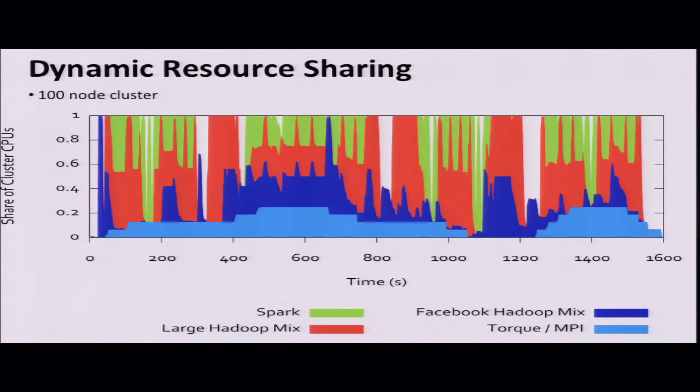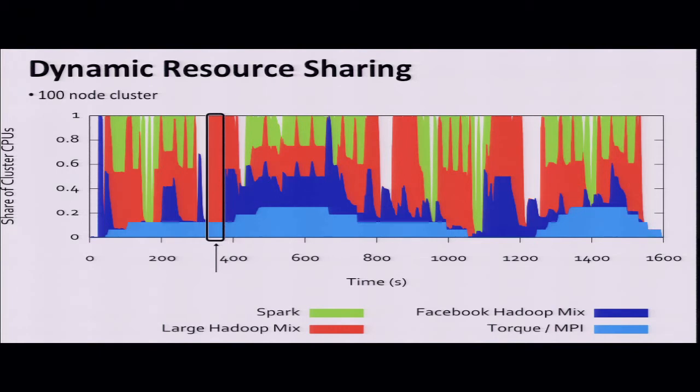Now, if you run them on top of Mesos, this is what will happen, at least in this example. On the y-axis is the percentage of the nodes used by each framework. Here are some interesting cases. At a time a little bit over 300 seconds, you see there are only 2 frameworks which are active.